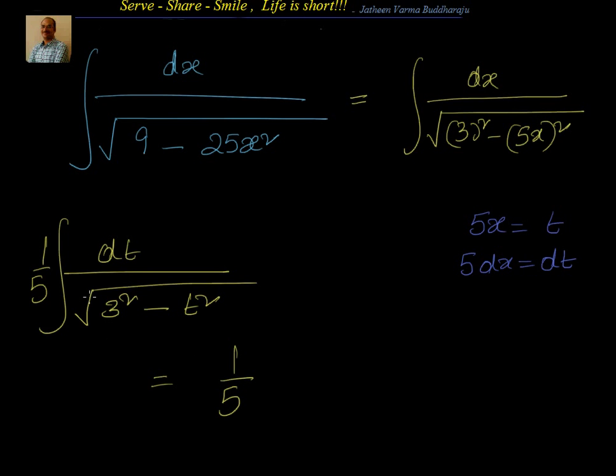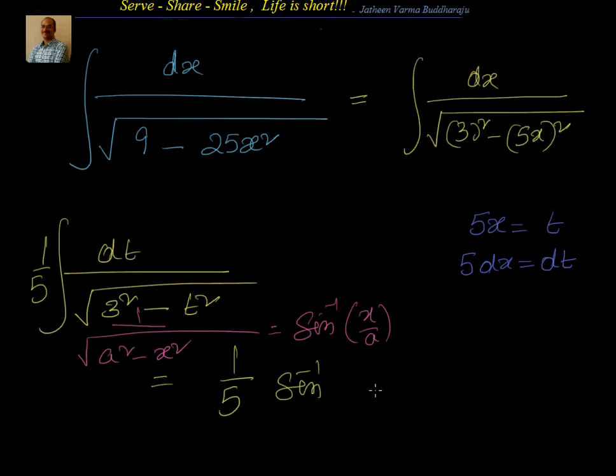We are in the form of square root of a square minus x square, 1 by square root of a square minus x square, for which the integral is sine inverse x by a. So we can directly substitute: 1 by 5 sine inverse t by 3, that's equal to 1 by 5 sine inverse 5x by 3 plus c.